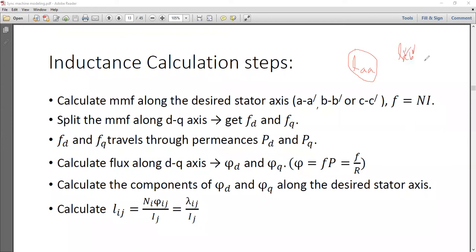LBC, same, mutual between stator and stator. You could have LAFD. What is that? That is the stator to rotor mutual inductance, and so on. So we will end up with different sorts of inductances. That's why there is the notation IJ. Don't get confused. This is nothing but to represent different combinations of inductance between stator and stator, and stator and rotor.